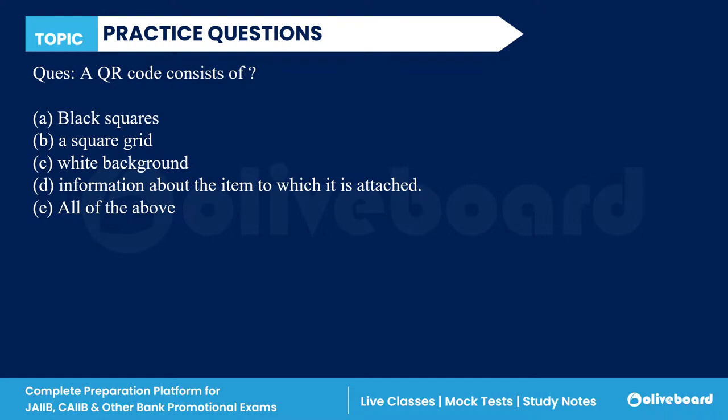If we talk about the QR code, it consists of all of the above. A QR code has black squares, a square grid, a white background, and particular information about the item attached to it. So E is the correct answer.